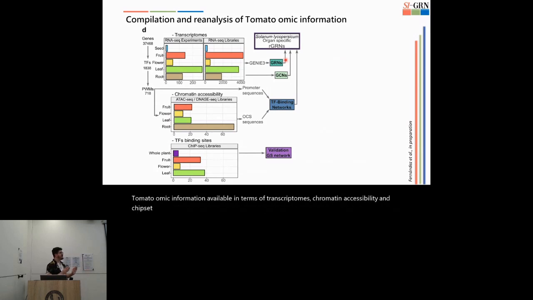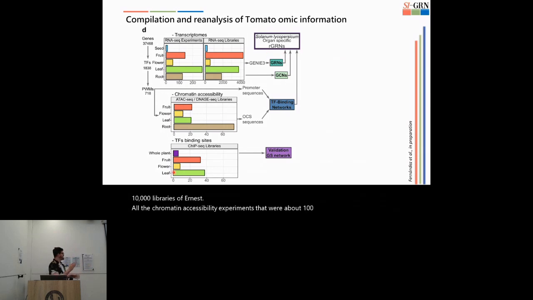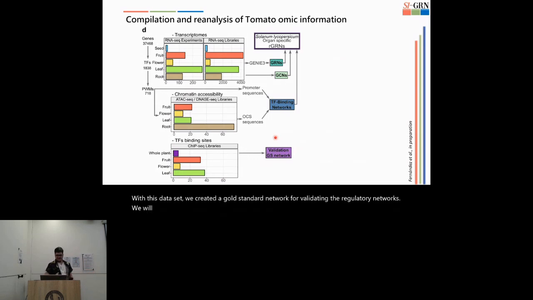We ended up with more than 500 experiments of RNA-seq, around 10,000 libraries of RNA-seq. All the chromatin accessibility experiments, about 100 experiments, and all the available ChIP-seq libraries for tomato. With this dataset, we created a gold standard network for validating the gene regulatory networks we will build afterwards.